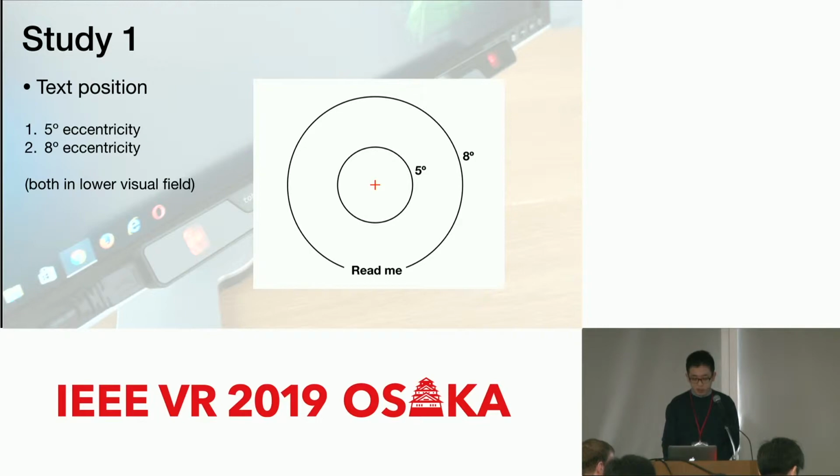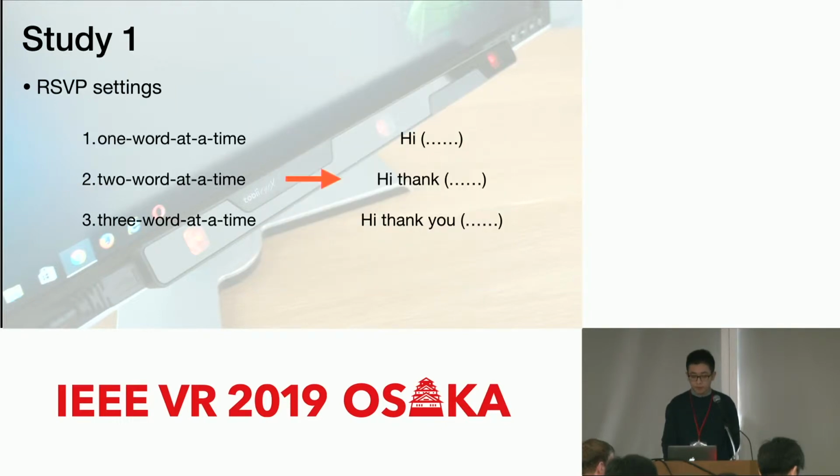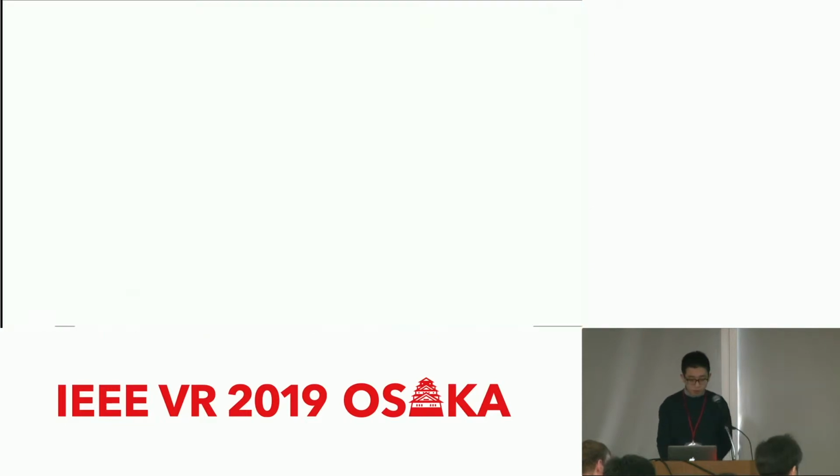For the text positions, we chose 5 degrees and 8 degrees of eccentricity, where the text is placed in the lower visual field. For RSVP settings, we include 1 word, 2 words, and 3 words presented at a time. Let's look at the demo again. So here's 1 word at a time, and 2 words at a time, and then 3 words at a time.